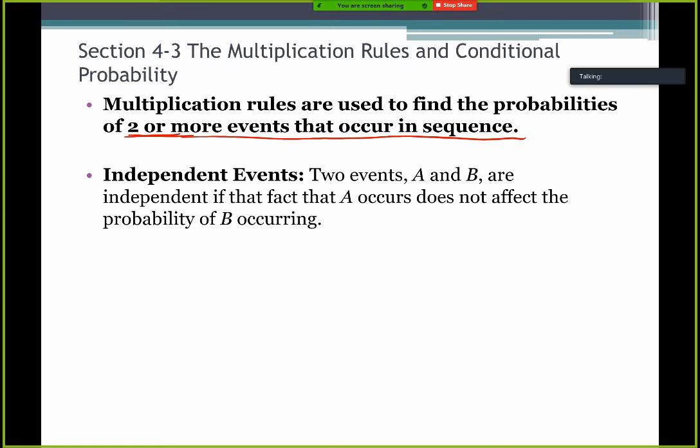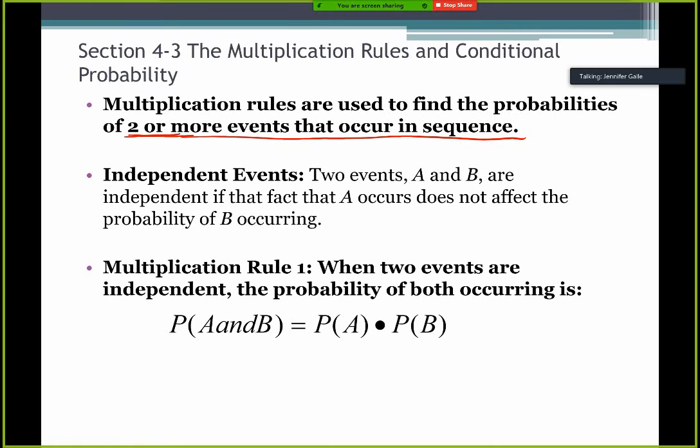They are independent of one another. So if two events are independent, the multiplication rule is really straightforward. It's like when we had mutually exclusive events, all we had to do was add the two probabilities together. Now with independent events, we just have to multiply the two probabilities together.